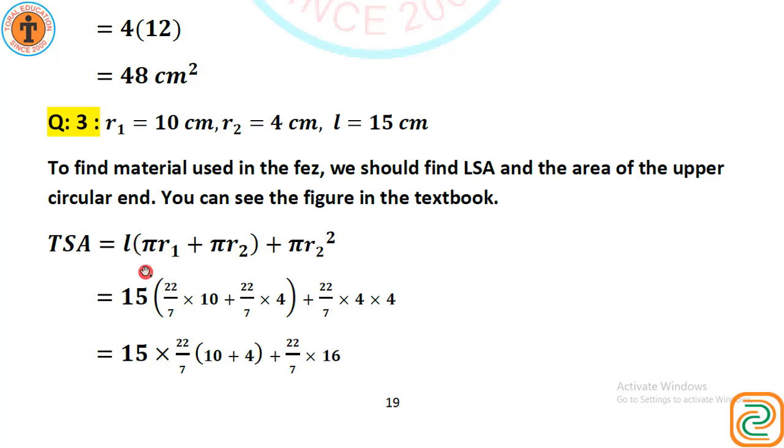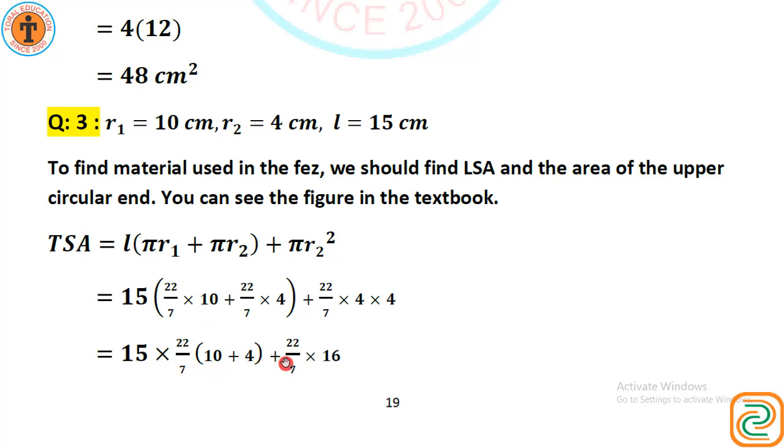Here L is 15, 22 by 7 into 10 plus 22 by 7 into 4 plus 22 by 7 into 4 into 4, right? Now from both of these I have taken 22 by 7 as common.